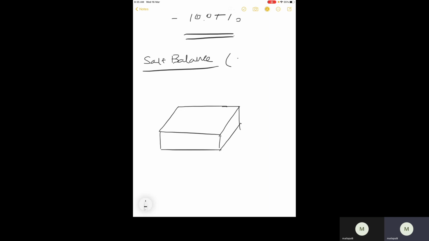Salt balance means we are talking about the mass balance, also called conservation of mass. So the inputs here are, definitely, one is irrigation, which we denote with I. The other one is rainfall, R, and there could be groundwater input.